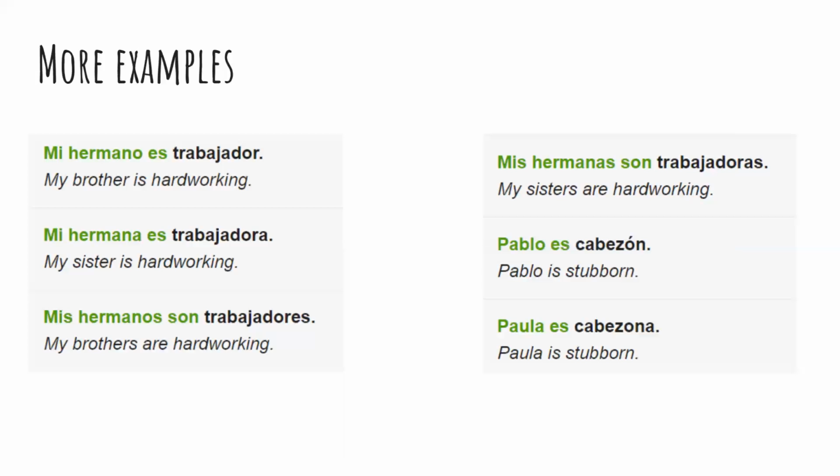Then mis hermanas, to make hermana plural, son trabajadoras. So trabajadora becomes trabajadoras. Next, Pablo es cabezón. He's stubborn in the head, cabeza. Okay, Pablo es cabezón. Paula es cabezona. Now to make cabezón plural, you would change it to cabezones, and cabezonas if it's feminine. Right? Hopefully this cleared some things up for you.